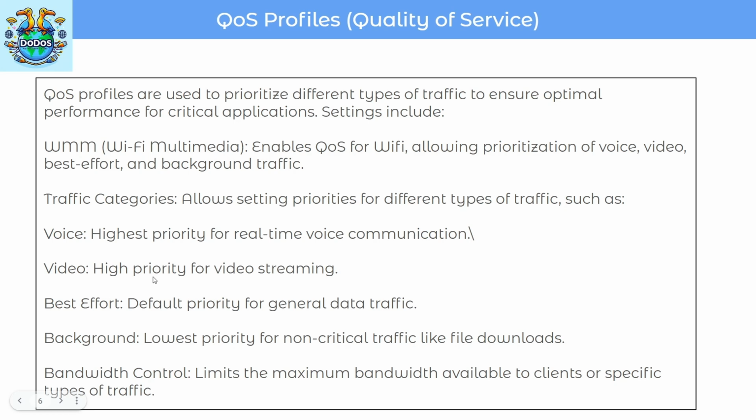Video, high priority for video streaming, best effort for general data traffic, and then background for lowest priority non-critical traffic like file downloads. So it's the same premise: quality of service will choose the most important things. Voice is the highest priority for real-time voice communication. So if someone is doing background tasks like file downloads, it will prioritize traffic towards voice instead. Then there's also bandwidth control, which limits the maximum bandwidth available to clients or specific types of traffic.